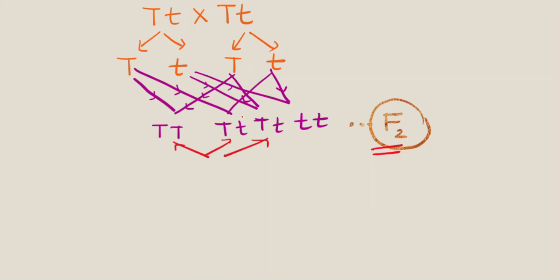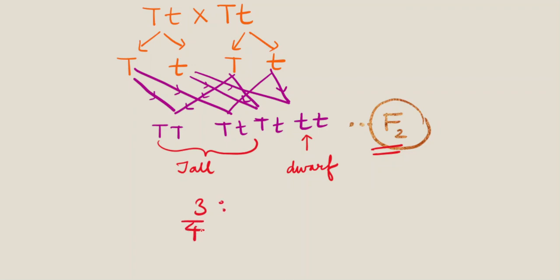Understood? So these 3 are tall as per the phenotype, and this will be dwarf. So the ratio comes as 3/4 is to 1/4, which is ultimately 3:1. So this is phenotypic ratio. Nobody is asking you phenotypic ratio. Just I'm telling you, for the sake of knowledge.